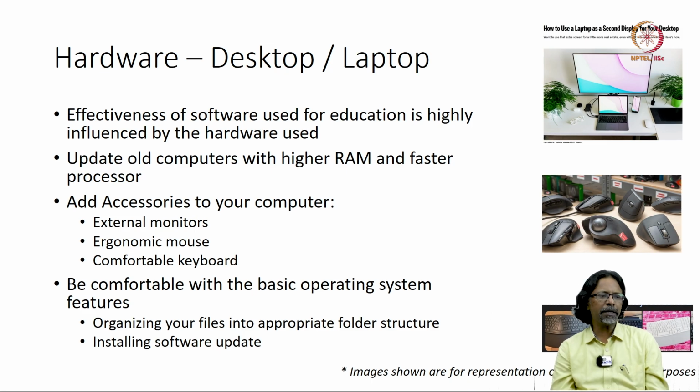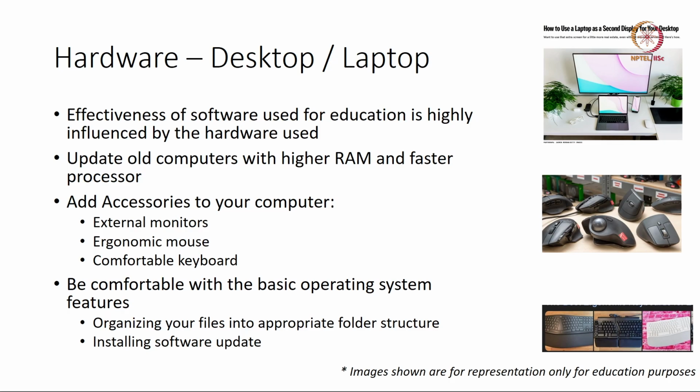So one is of course the RAM, right? These days we are talking about at least a minimum of 8 gigabytes of RAM, for example, right? And of course 16 GB is probably something that will make it very comfortable, because many of the software tools we talked about could be very memory hungry, and for sure they will also be CPU hungry as well.